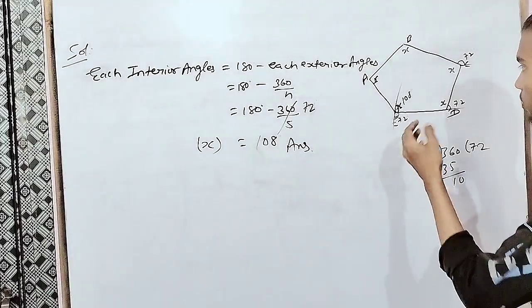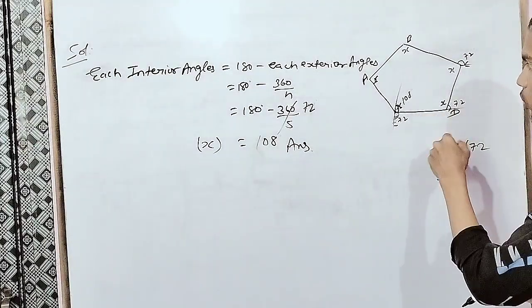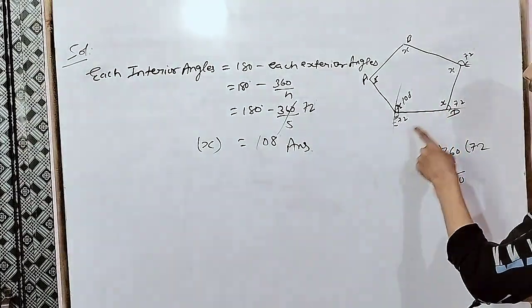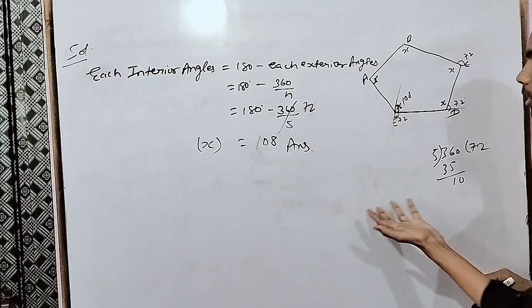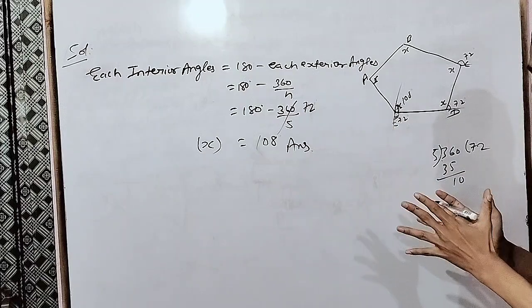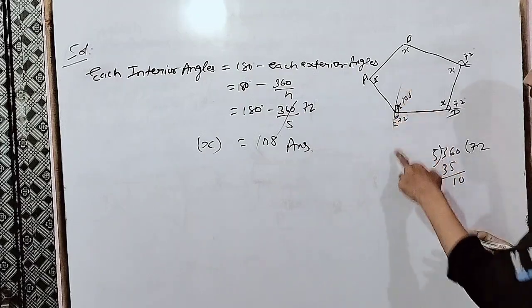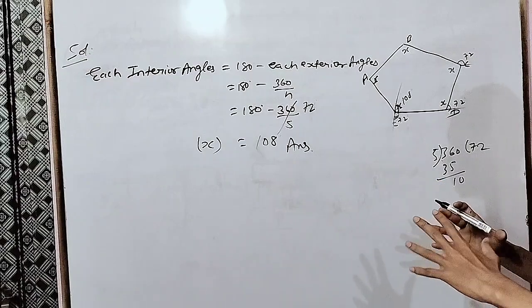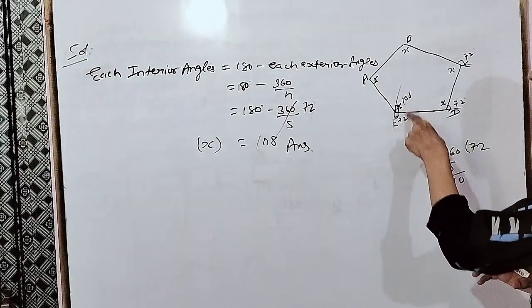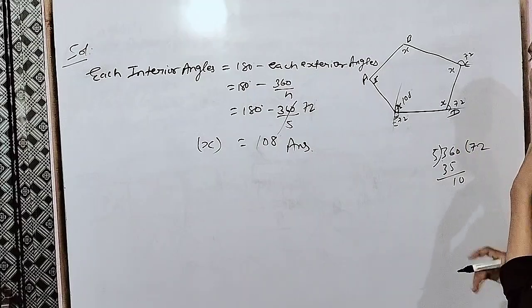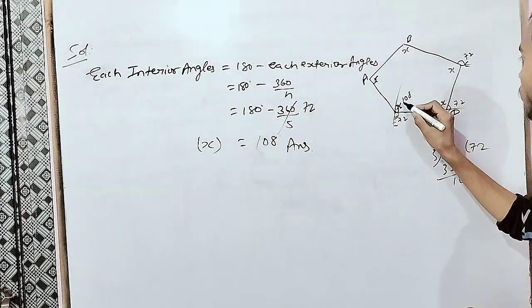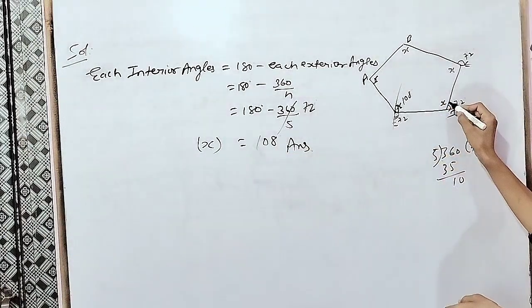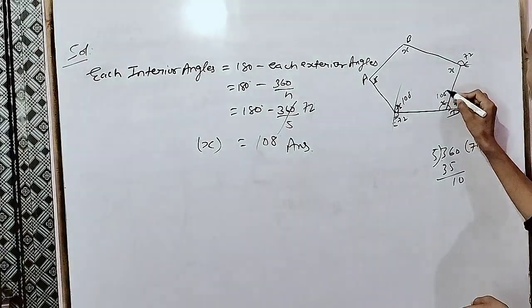How can you see? Here 108 and 72 would be 180. 180 is a straight angle and we have a straight angle. 180 gives us a linear pair. Of course we have a linear pair. Okay. So it means this is 108.